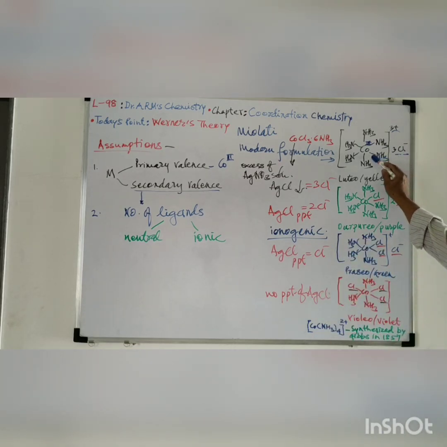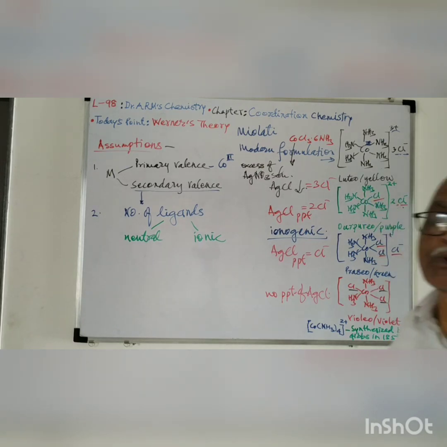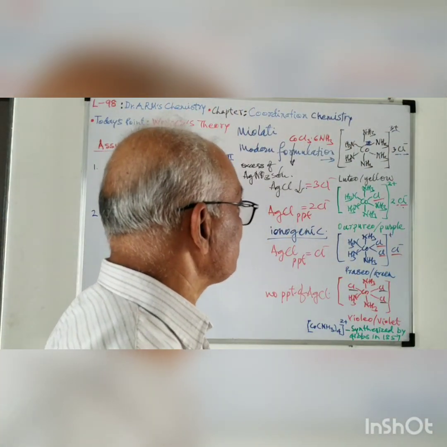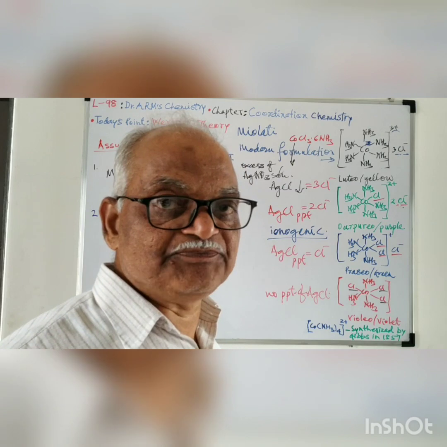The nature of bonding between cobalt and NH3, as well as this Cl, is covalent coordinate. Therefore, it is much different.